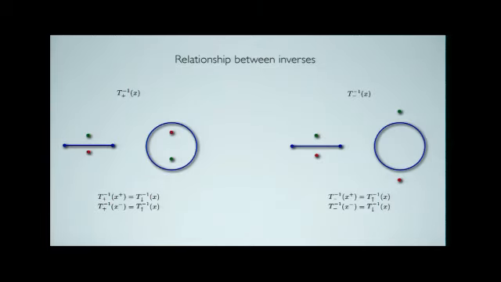And then we have a simple relationship. The map to the interior of the circle from the bottom goes to the upper half circle, from the top goes to the lower half circle, and so we have these relationships here, and then it's sort of the opposite if we map to the exterior.